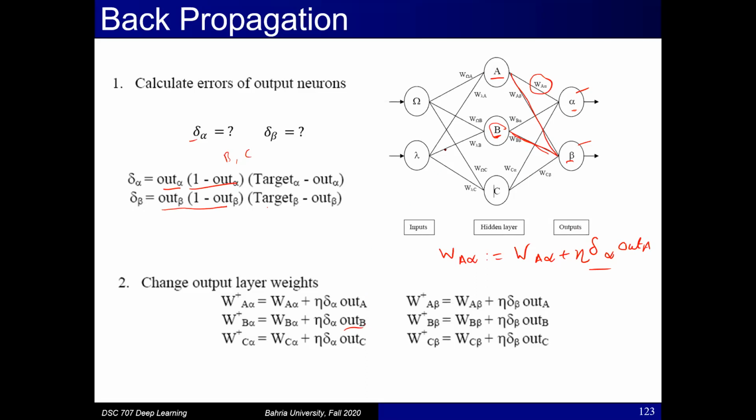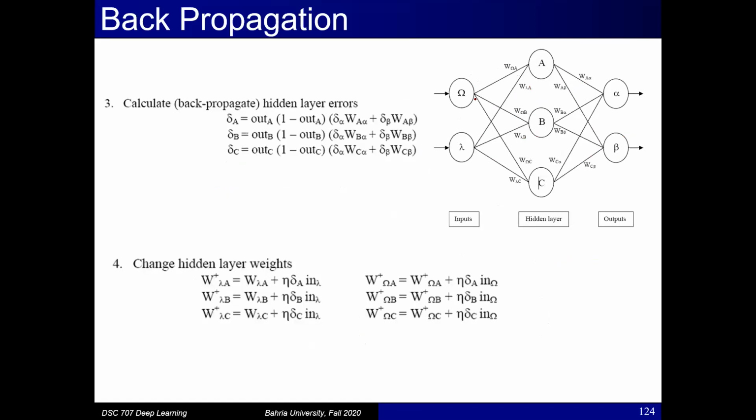A slightly tricky part is when we go to the first layer, because we don't have a target there. So when we have to compute the error at A, what is error at A? Error at A is coming from two different places, from this part and this part, what you see in red, because these are the two which are connected.